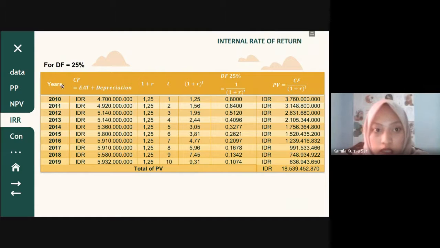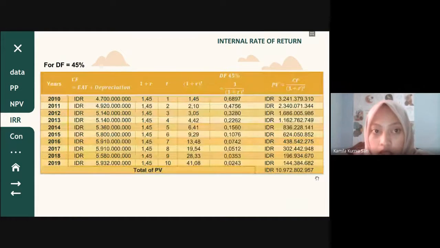The first column is year, the second column is CF, the third column is 1 plus R, the next column is T, the next column is 1 plus R power T, and this is the value of DF for the 25% required profit. The last is the present value for the 25% required profit, and we get the total of PV is this one.